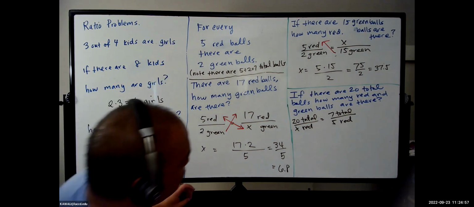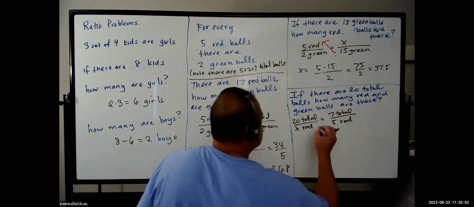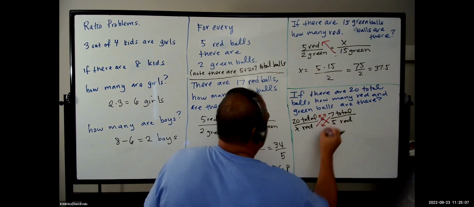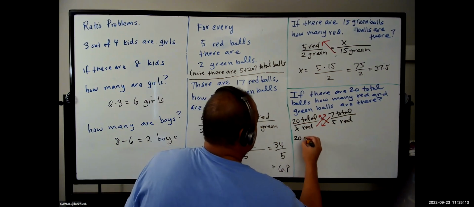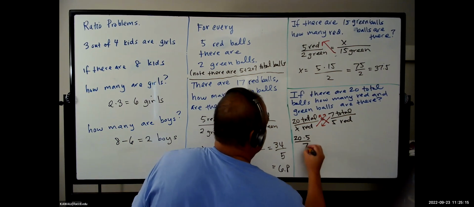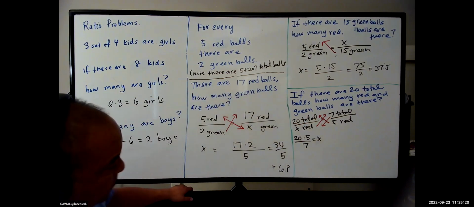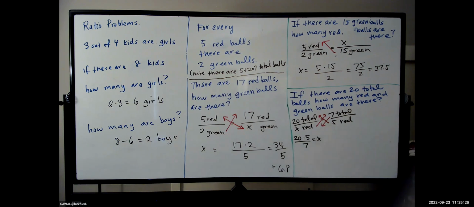Okay. So when we do this, let's bring the X up here, and then the 5 up here, and then the 7 down there. So I get 20 times 5 divided by 7 is equal to X. That's 100/7.